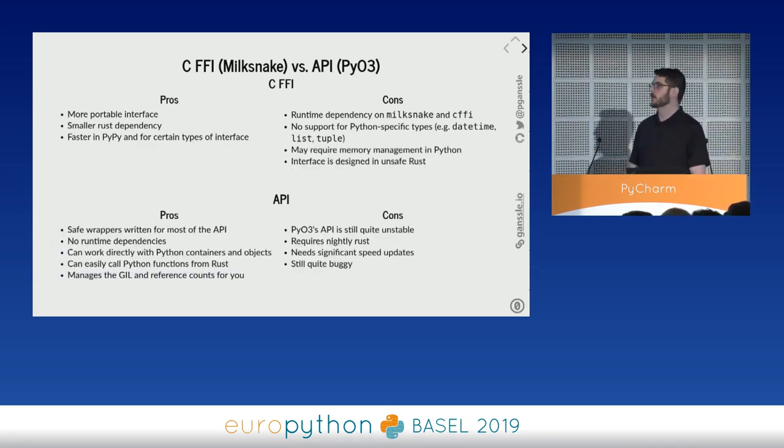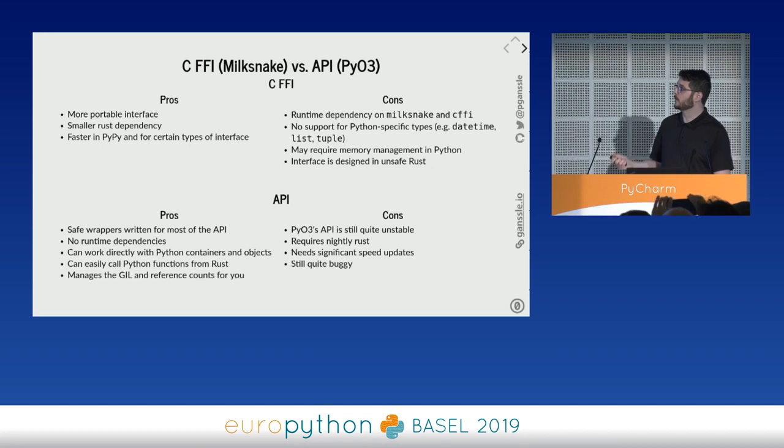So the binaries are going to be a little bit smaller if you care about that. And also PyPy, the alternate implementation of Python, can do better optimizations when it's looking at CFFI than when you're using the C API. So you'll probably get better performance in PyPy if you're using CFFI.